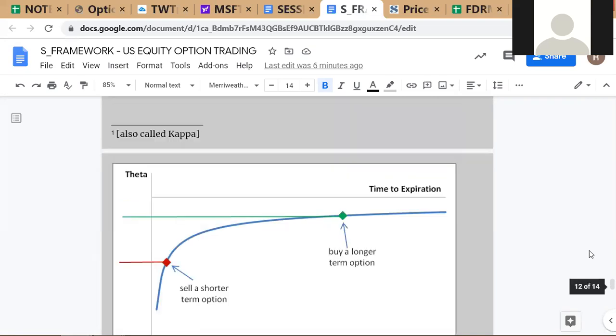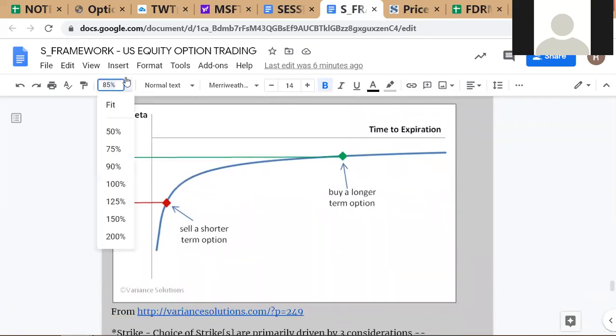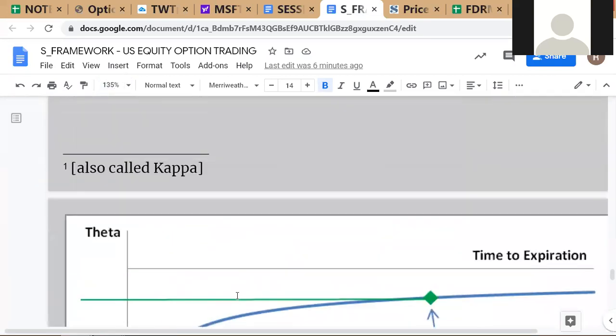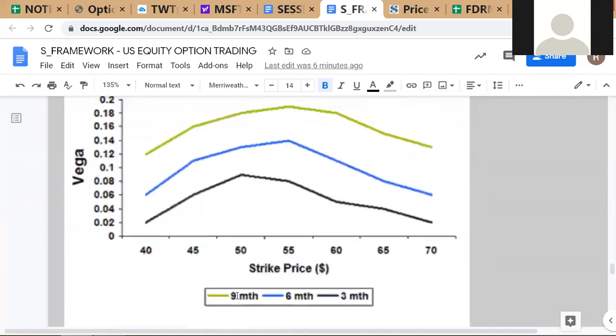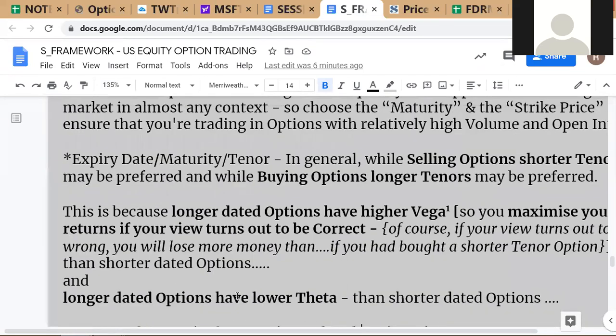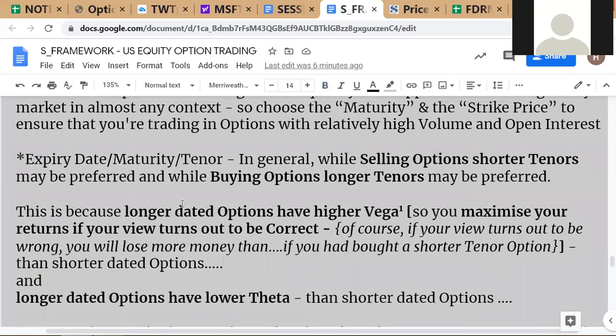So very simple rules actually, but we want to be clear about these rules. They're very simple rules, but there's a lot of theory that goes into the creation of these rules. So it's very important that you understand that. Okay, so it's a very simple rule that we have for choosing the expiration date.